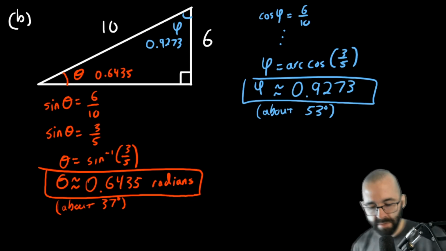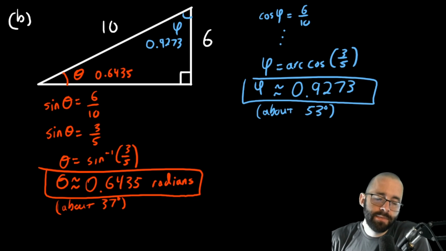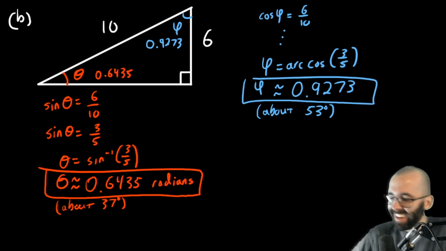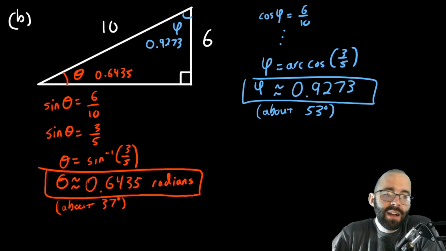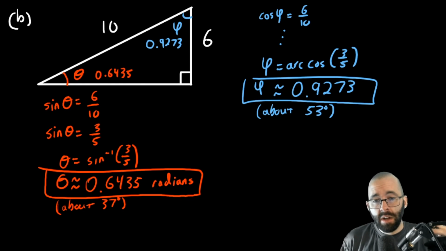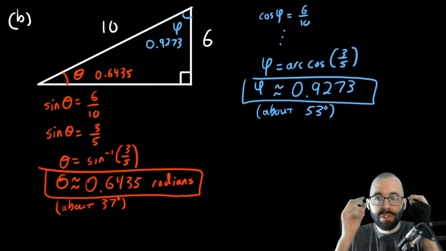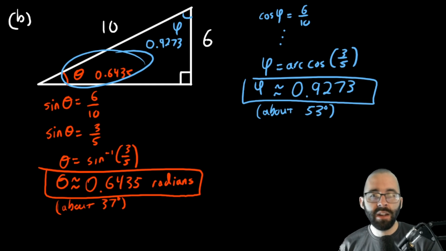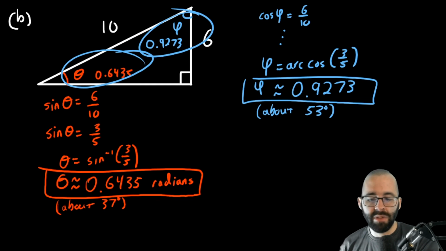Now, hopefully, you're saying to yourself, why is Jason doing so much work? Well, I'll be honest, I wasn't paying attention. But we are doing way more work than we have to. It's good to check our answer, and it's good to get more practice using inverse functions. But once we find theta, we immediately know what phi is.